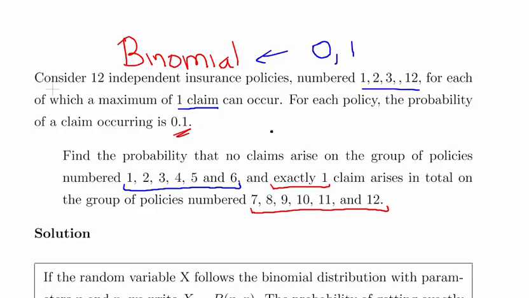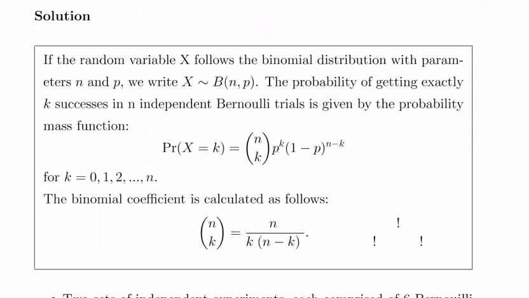So essentially what we have here is a binomial random variable, n equals 6 and p equals 0.1. Okay, so we have 2 sets. So essentially what we're going to do is run this calculation twice for both sets, 1 to 6 and then 7 to 12.